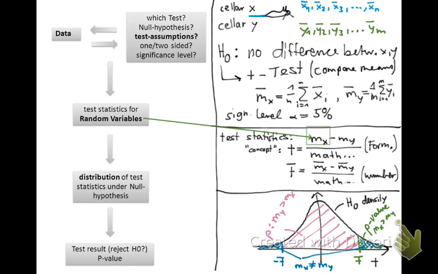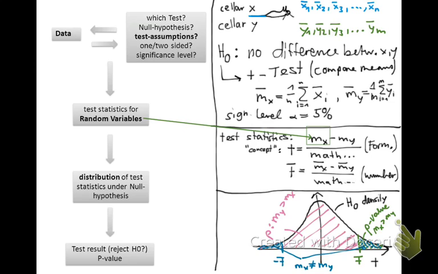The minus t bar is just saying that it doesn't really matter in this case here whether mx minus my is positive or my minus mx is positive. It just needs to be a certain discrepancy between the two values. So this is why we have a two-sided test. It can be either larger than we are on the right side or lower than we are on the left side.